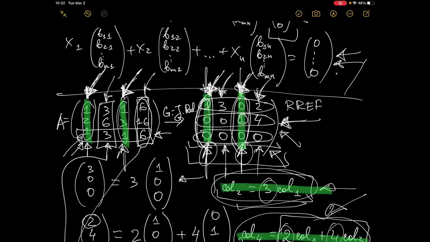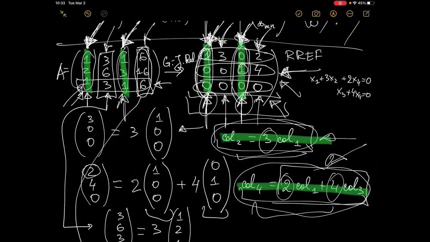How can I write the solution of the homogeneous system of linear equations? Essentially, this is what I've got. This is the homogeneous first equation, and x3 plus 4x4 equals 0. If you remember, I said, okay, let's say this is alpha, this is beta, two free variables, right? Then you can write it like that.